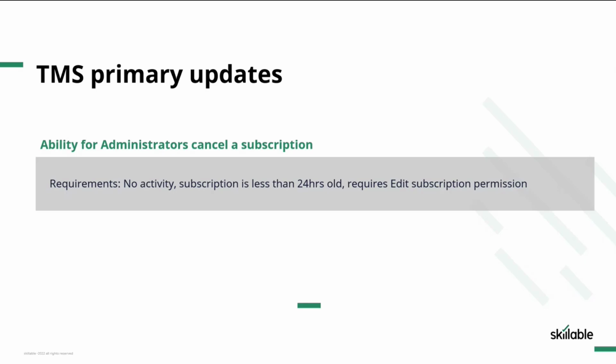So say you've got 2 subscriptions that have similar names. You've picked the wrong one, you've added it in, you've saved it, and you've realized you've got the wrong one. You're going to need to cancel that and create the correct one. So it's designed to fix that type of scenario. Okay, so just bear that in mind.